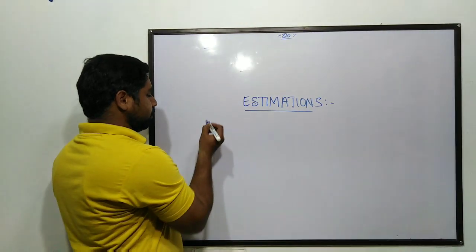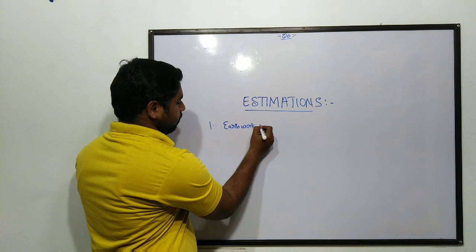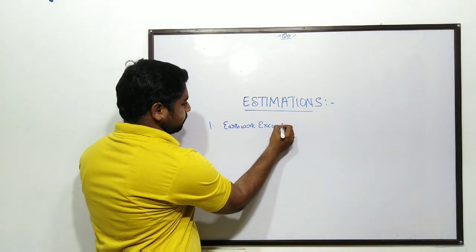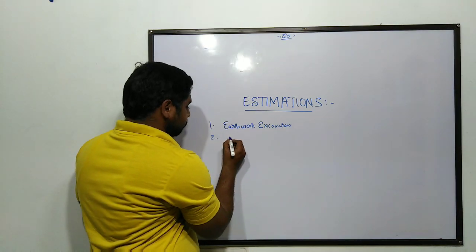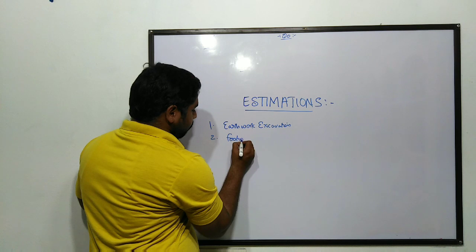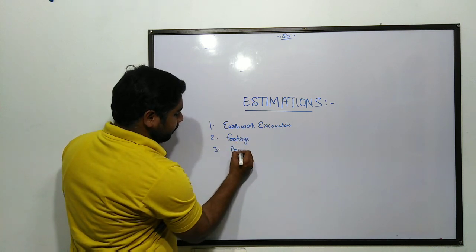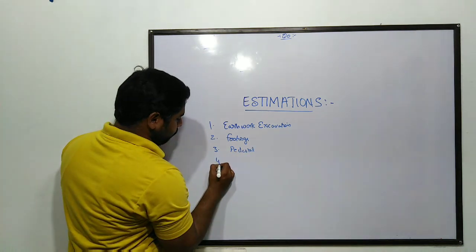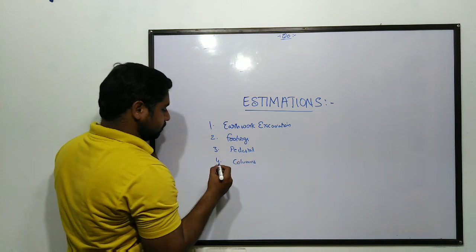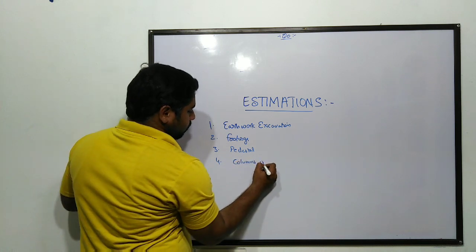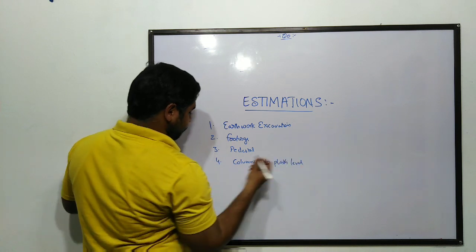Okay, so in that, firstly, earthwork excavation is the first one, and the second one is the footings. Third one is the pedestal if we have. Fourth one is the columns up to plinth level.